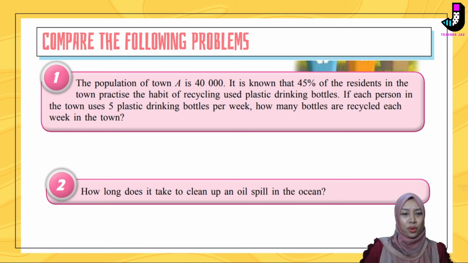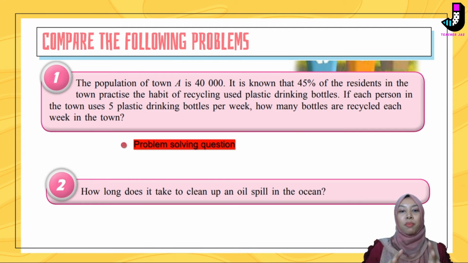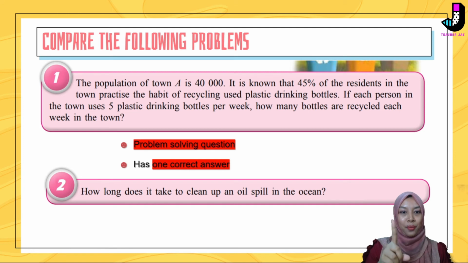And the second one: how long does it take to clean up an oil spill in the ocean? So can you see the difference? The first one is the problem solving question, which you can usually find in the question paper, and it has one correct answer.